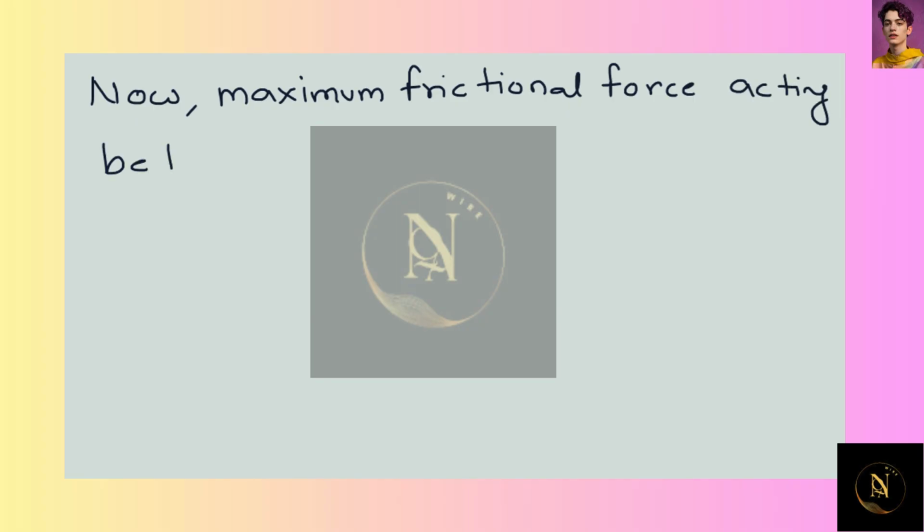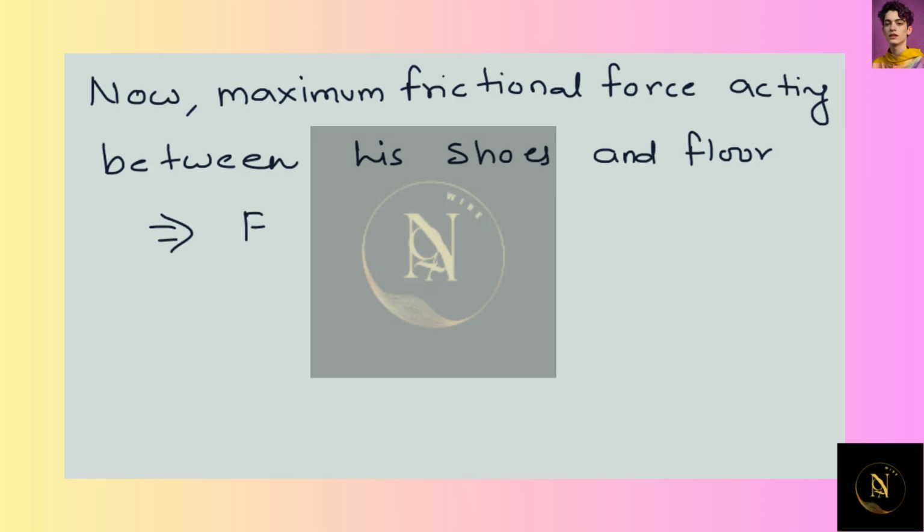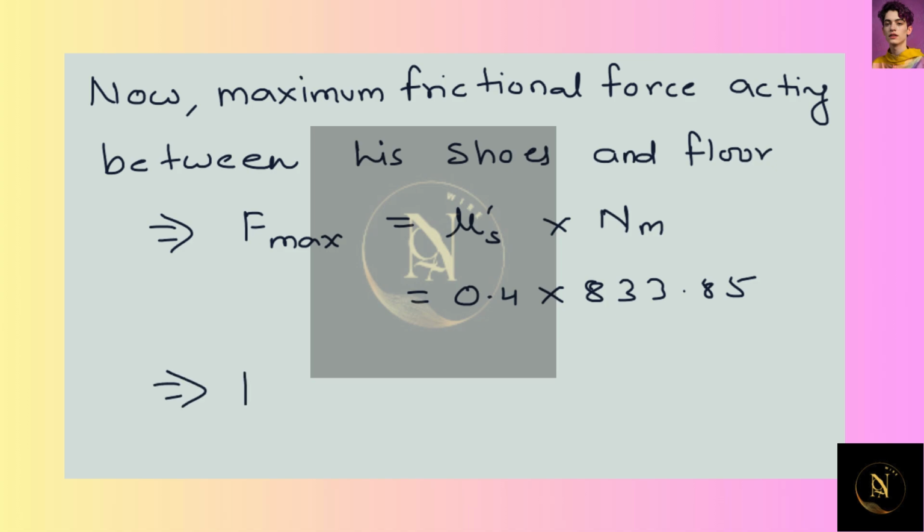Now the maximum frictional force acting between his shoes and floor, Fmax is equal to mu s dash into Nm. Putting the value of mu s dash and Nm, we get the value of Fmax as 333.54 Newton.